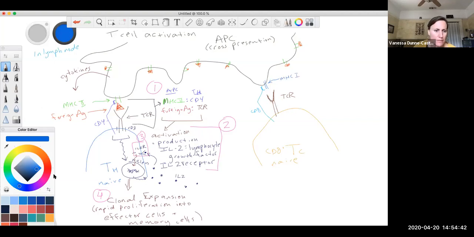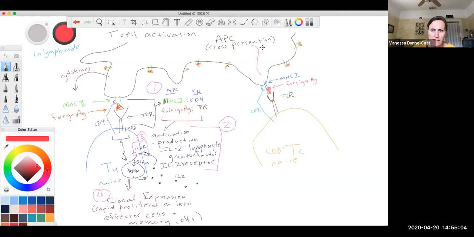And still, we must remember that this is all about antigen presentation. So now here's a different type of antigen. Let's just say it could be the same, it could be different. And here's that foreign antigen. And this is cross-presentation right here.